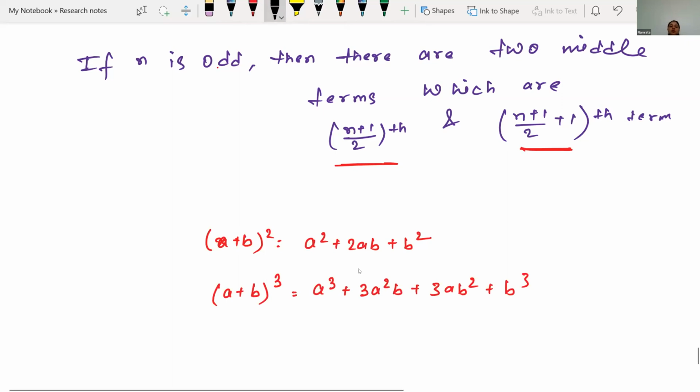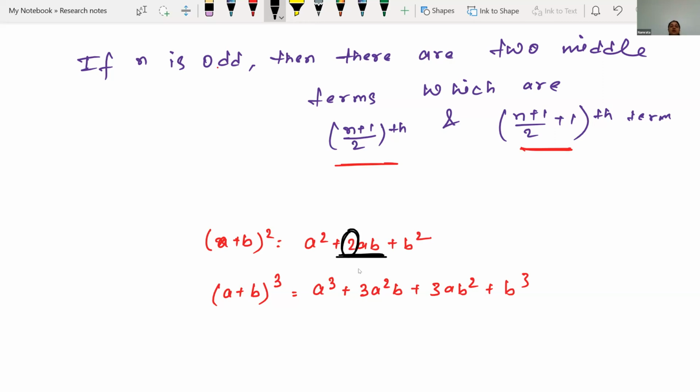Whenever this type of expansion is there, like a plus b whole square, the coefficient of the middle term is the greatest. We have the coefficient of the first term, the second term, the third term, but the middle term is having the greatest coefficient. Can you see?